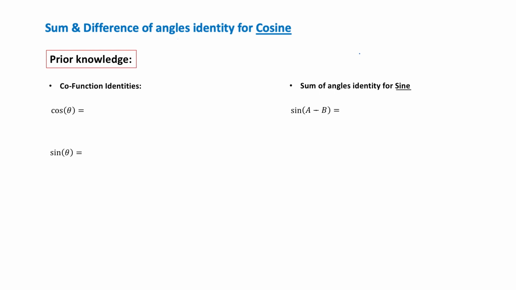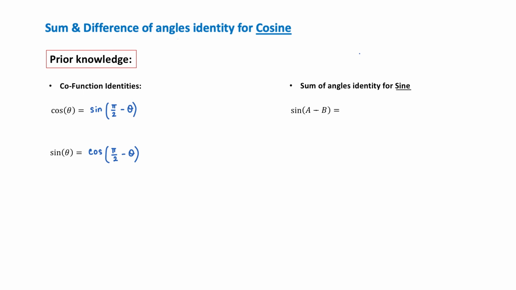So for example, the cofunction identities. Cosine of theta is equal to the sine of pi over 2 minus theta, and the sine of theta is equal to the cosine of pi over 2 minus theta. Please know that even though I'm using radians here for pi over 2, the same thing is true if we use degrees.